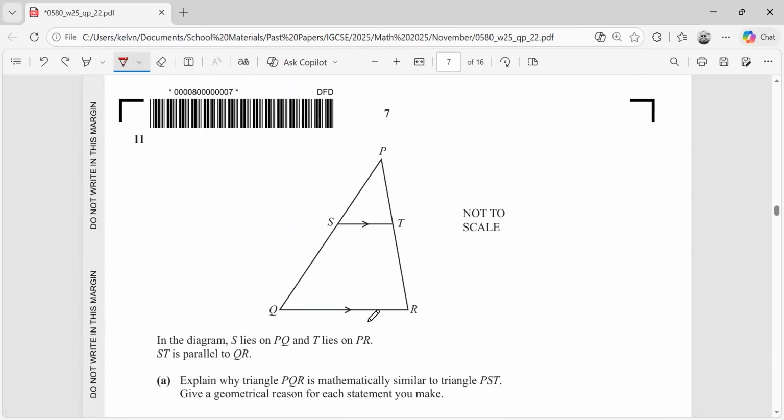So we're going to move on to number 11. Number 11 is saying, in the diagram, S lies on PQ and T lies on PR. ST is parallel to QR. So, I like parallel lines because I like extending them.